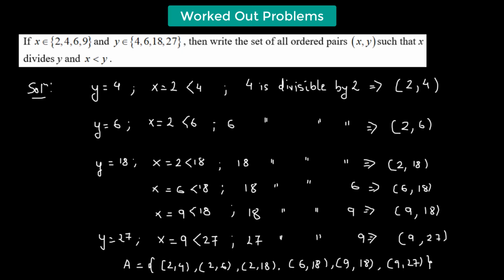So this is the set containing all ordered pairs which follow the condition that x, which is the abscissa, is going to divide the ordinate, that is y, and also the abscissa value is less than the ordinate value. Let's move on to the next question.